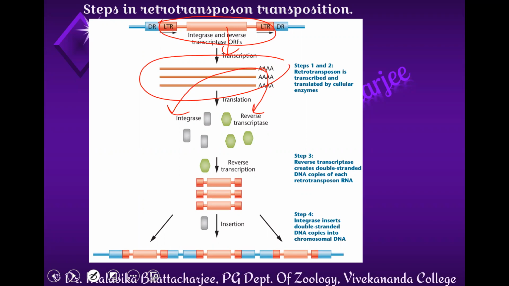The reverse transcriptase is now making a DNA copy of the RNA elements, and this DNA copy is then integrated into various sites in the target strand, and here integrase inserts this dsDNA into the chromosomal DNA. So this is the very basic mechanism of retrotransposition and transposition.